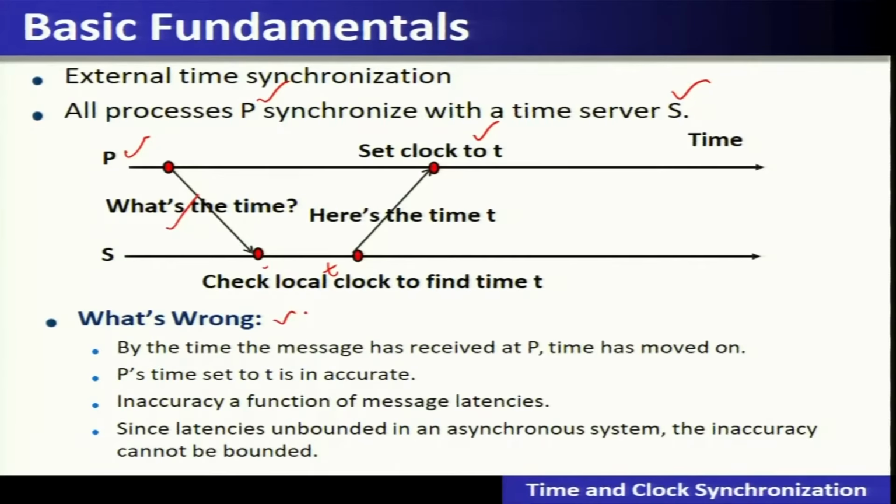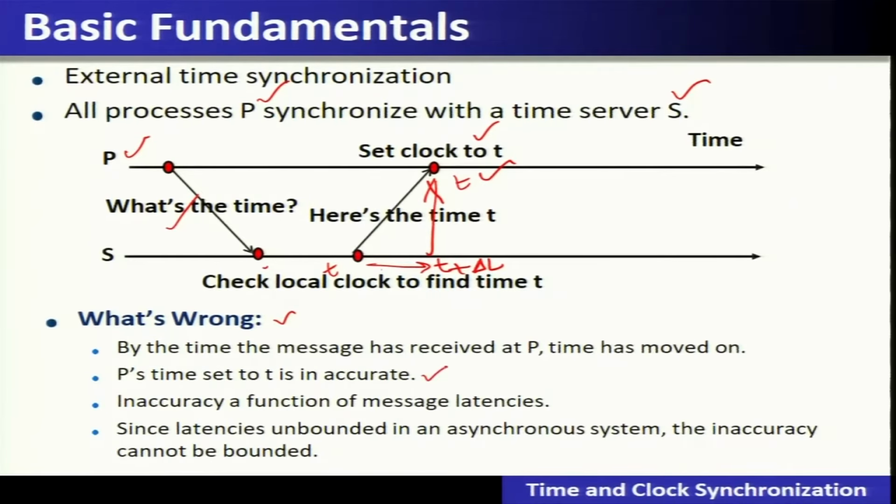But what is wrong in this entire process? By the time the message has been received at P from S, the time of S has moved on. So, when P is synchronizing its clock, the time of S has already moved from t to t plus some little delta t. So, it is not the same.